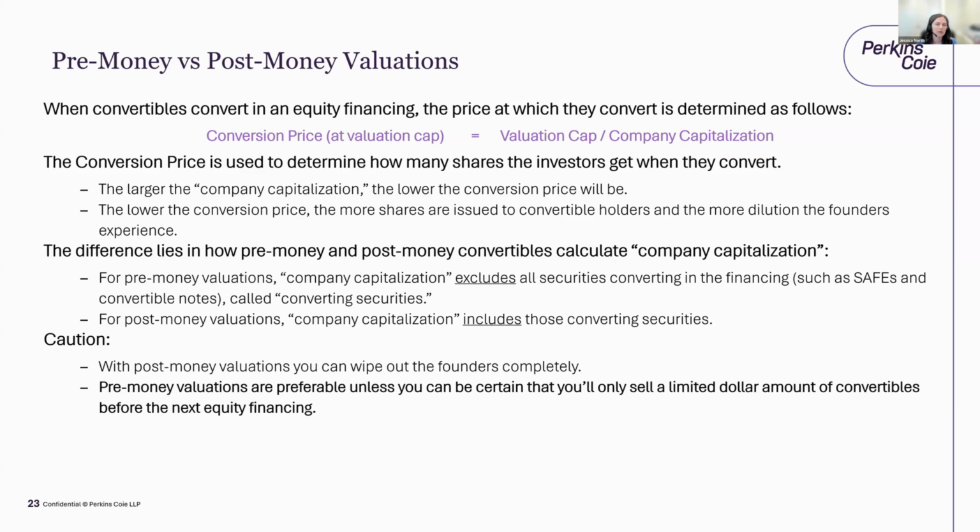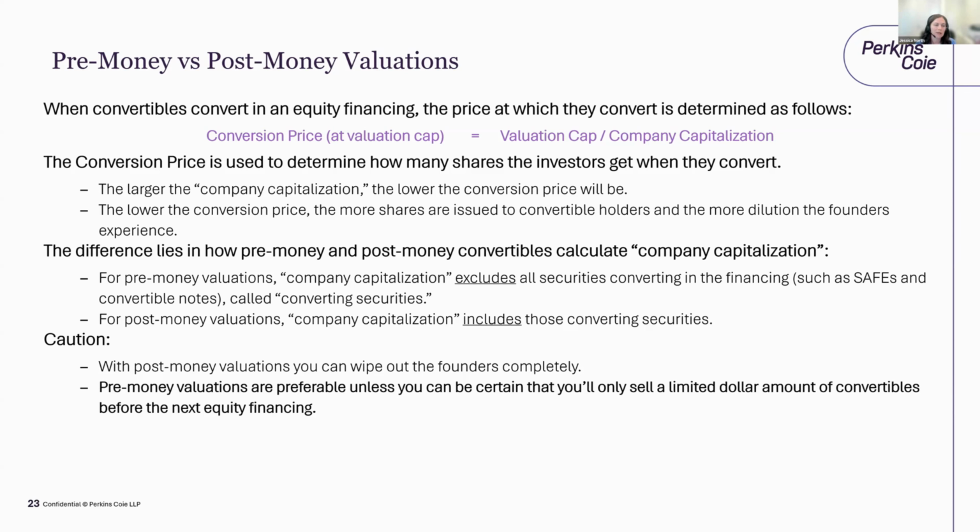What's important to understand is that with these instruments, if you convert at the cap, ignoring the discount for now, if there is one, you're converting at the cap divided by company capitalization. So you have to determine what is in that denominator, and whether it's pre or post will change what is in there.